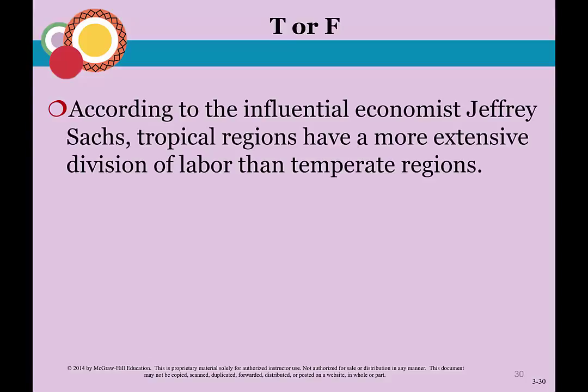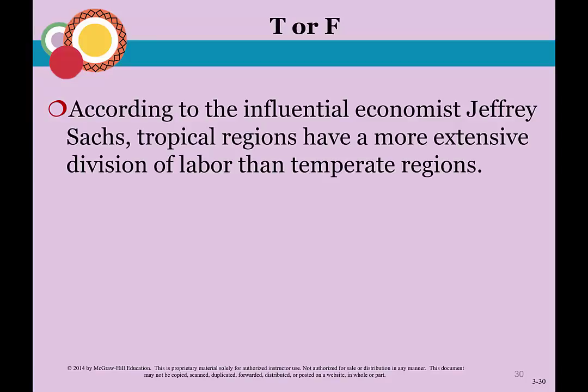So you will run into this question here in the near future, and I just want you to be prepared for it. The answer is false. Sachs has argued, according to this question, in terms of true or false, that tropical regions have a more extensive division of labor than temperate regions, and actually it's the opposite.